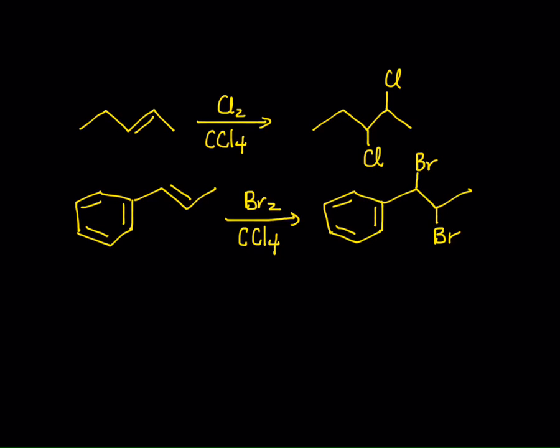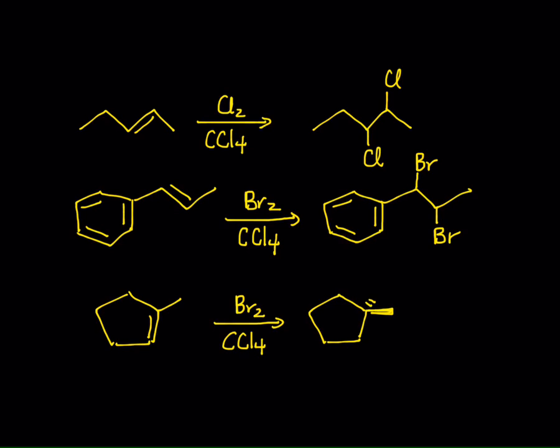Again, depending on the stereochemistry of the alkene, if I have the trans alkene, I get a racemic mixture of the 2 enantiomers. If I had cis, again, racemic mixture of 2 enantiomers. If I had cis and trans, then I'd get all 4 diastereomers of this product. And so here now I have 1-methylcyclopentene.